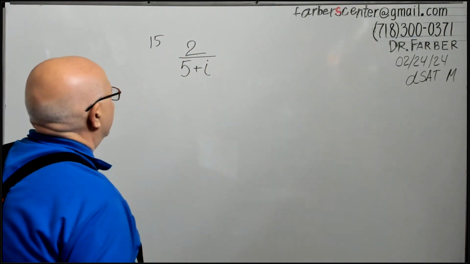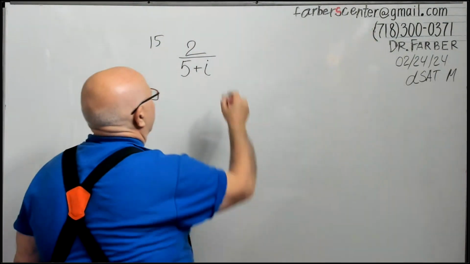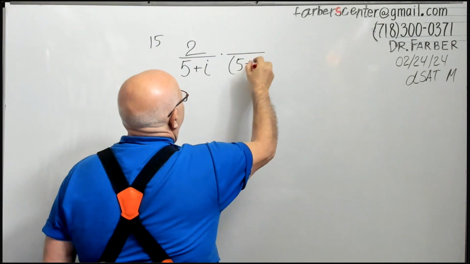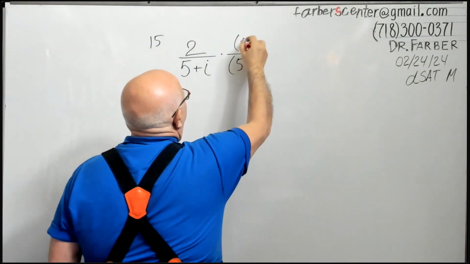Okay, so how to solve? Multiply by the conjugate: 5 minus i, 5 minus i.